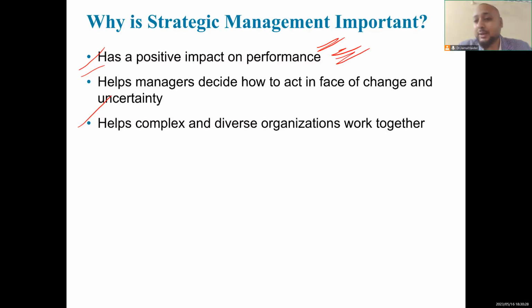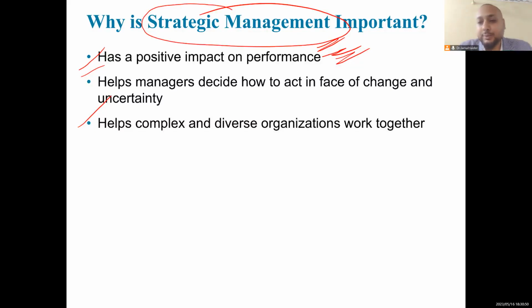So it has a positive impact on performance. In other words, it appears that organizations that use strategic management do have higher levels of performance, and as a matter of fact, that's why it has importance in the world of managers as well. Number two, its importance has to do with the fact that managers in organizations of all types and sizes face continually changing situations.